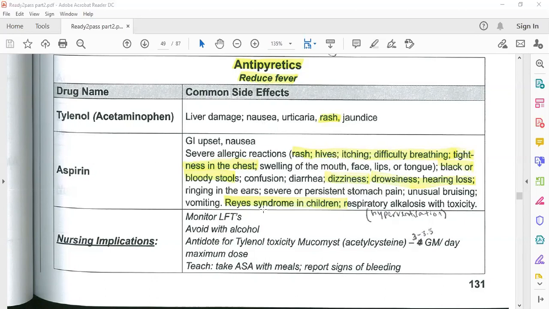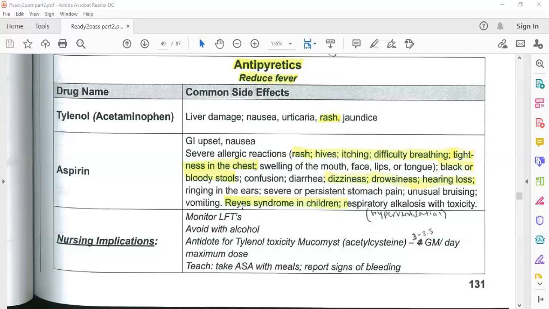The pronunciation of Reye syndrome is REYE. And also stop taking aspirin 1 week before any kind of surgery. So if your patient has to take aspirin and has to go for a surgical operation, stop this medication 1 week before any major surgery.